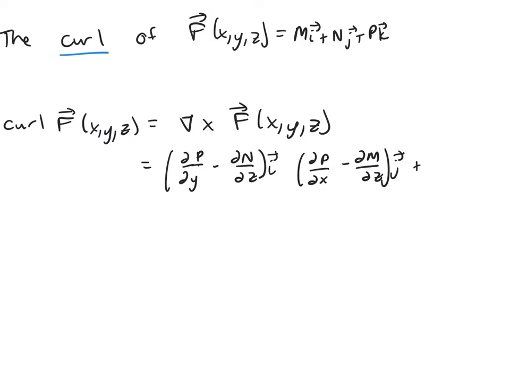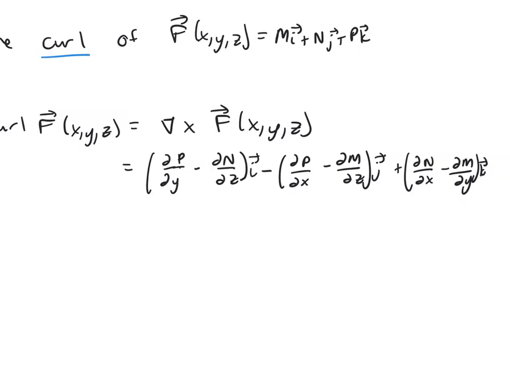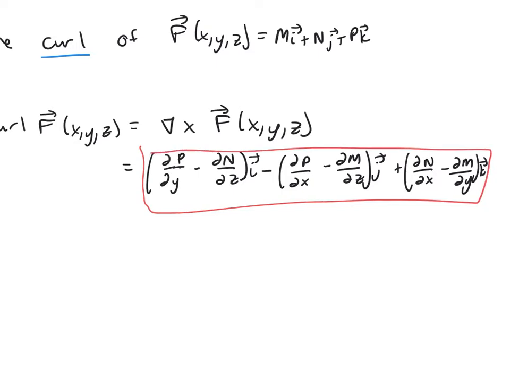This should be a minus, plus the partial of n with respect to x, minus the partial of m with respect to y, k. So this is the formula for curl.